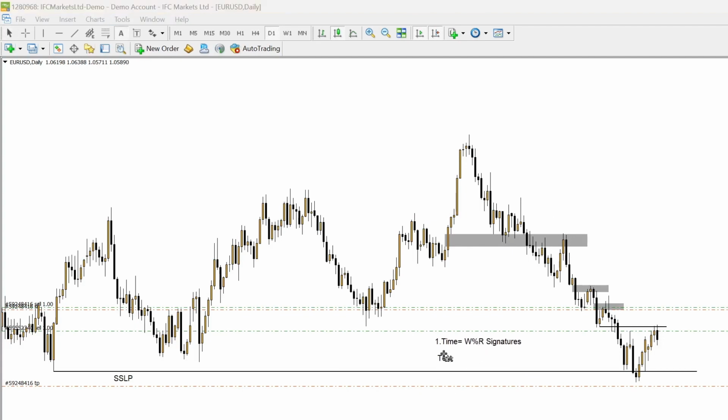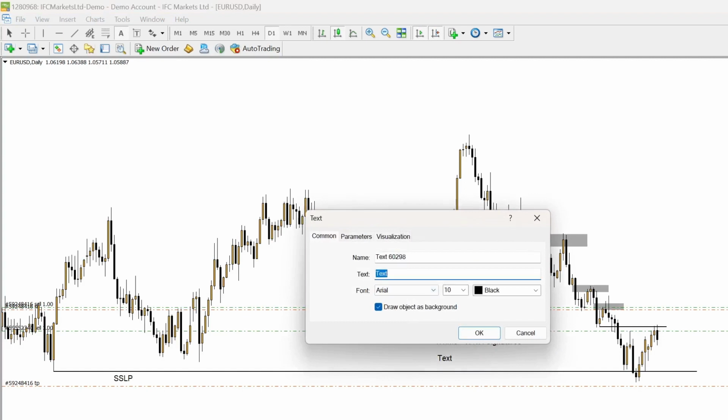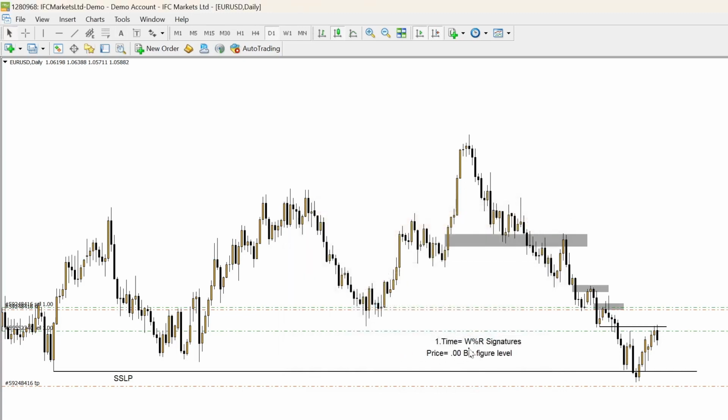It's indicating that the banks are going to want to get in at this level at this time. So price: we got in at a big figure level, that 300 level.